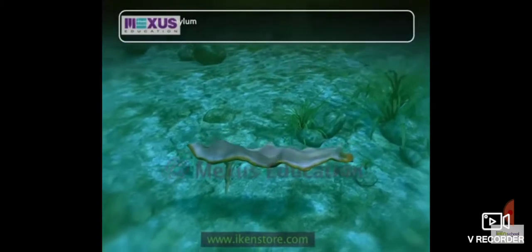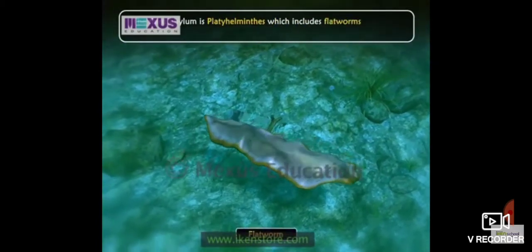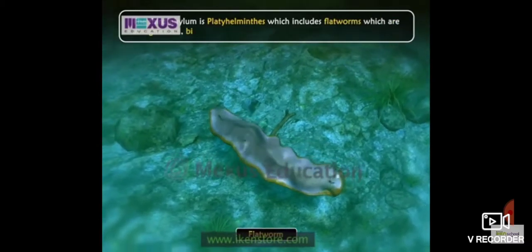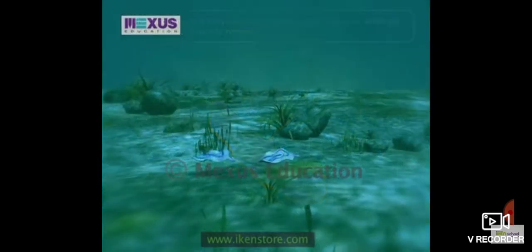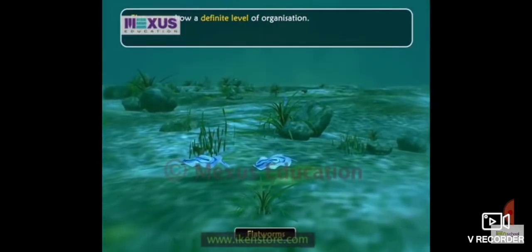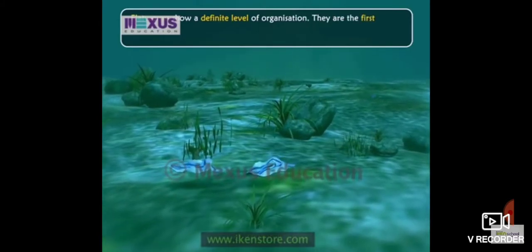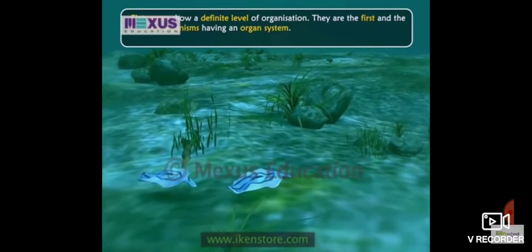The third phylum is Platyhelminthes, which includes flatworms, which are unsegmented bilaterally symmetrical worms. Flatworms show a definite level of organization. They are the first and the simplest organisms having an organ system.